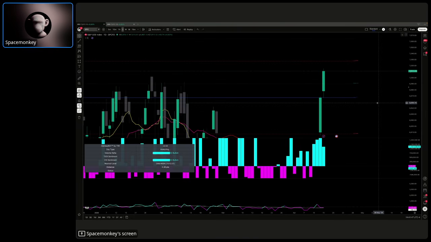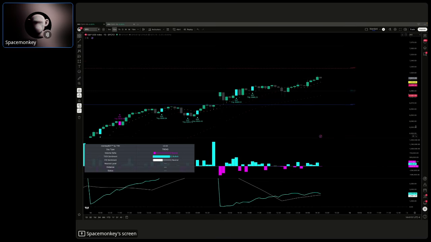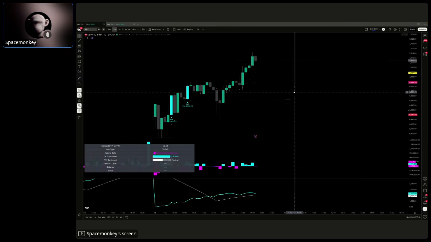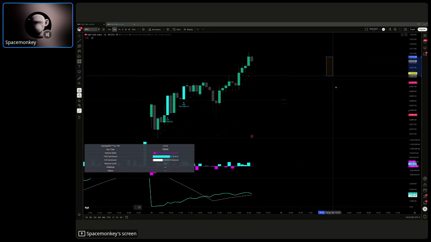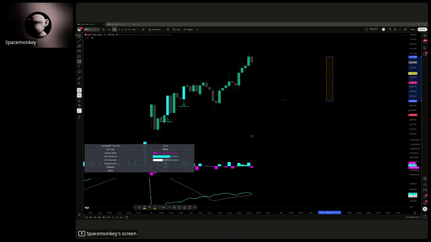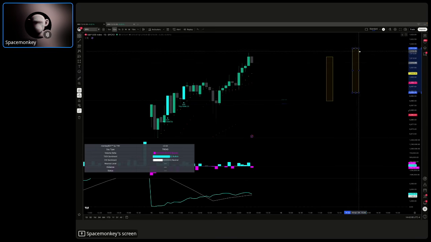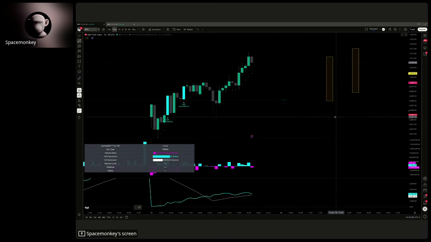So let's say, actually, what I'm going to do is this, right? Let's say you have a failed breakdown. So you have a daily candle that looks like this, and let's say you have another candle. Sorry, you have the low from yesterday right here, right?